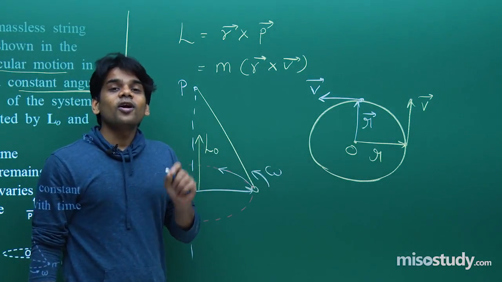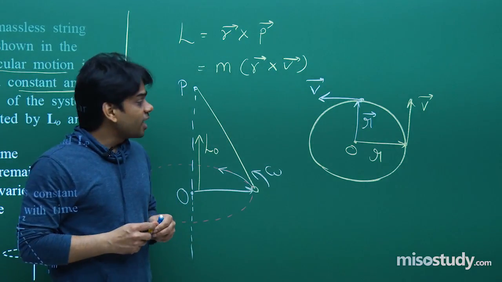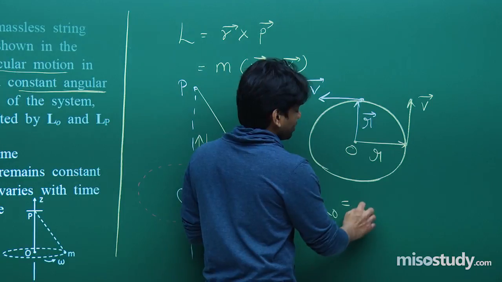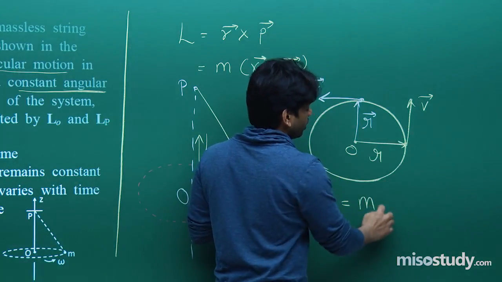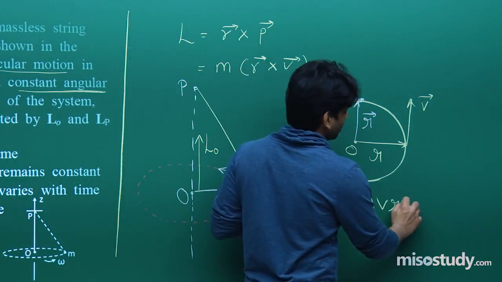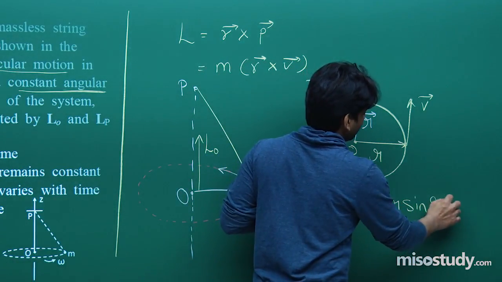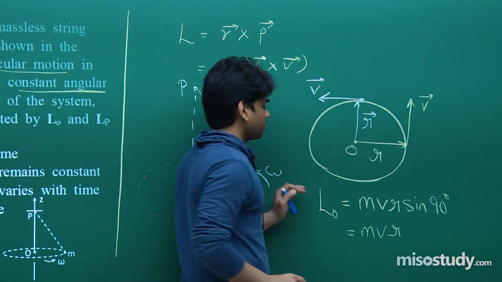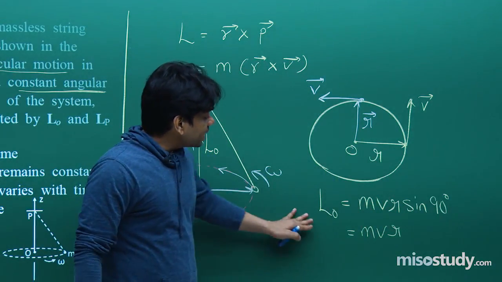The angular velocity is constant, that is not varying. Hence, we can write that the L naught value as mv into r, and since the angle between r and v is 90 degrees, so mvr sine 90, that will turn out to be mvr. First of all, what does this imply?